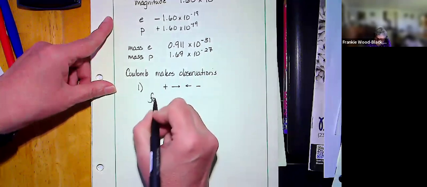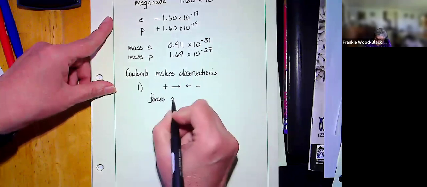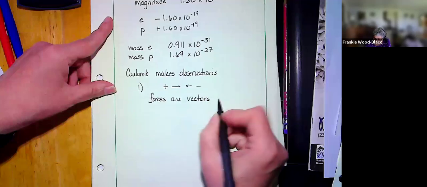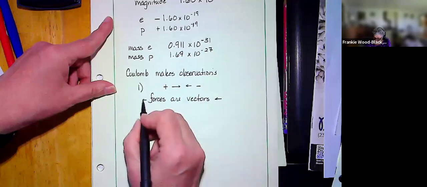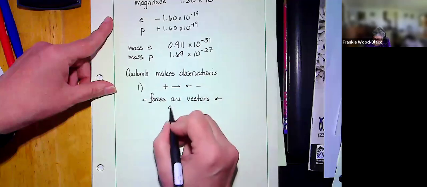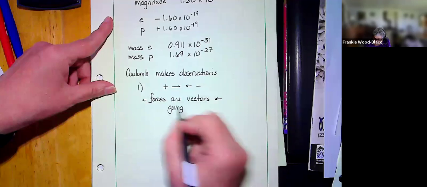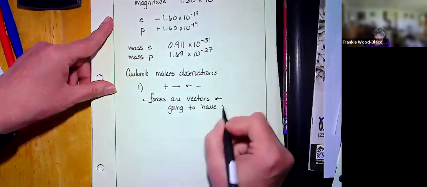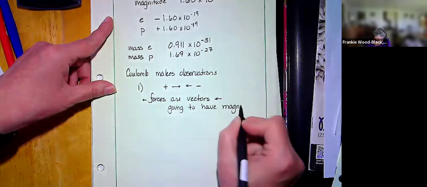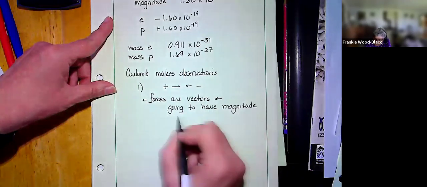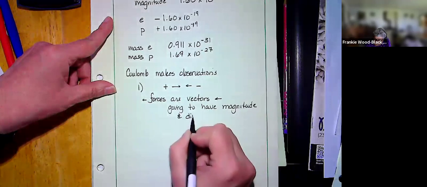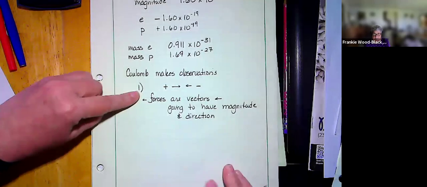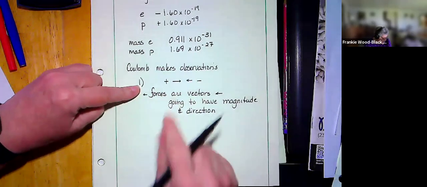Because remember, forces are vectors. So they are going to have magnitude and direction. So our first observation that Coulomb had says that.